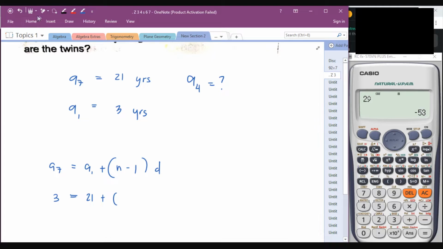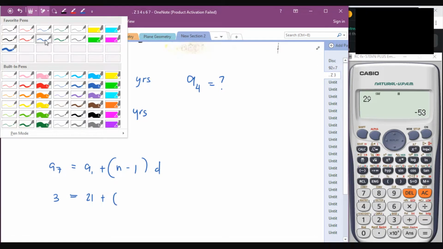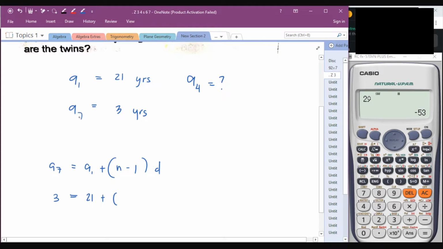We can also do that. You will get the same answer. Okay? So, 3 equals 21 plus 7 minus 1 times D. The order is 7. Correct.